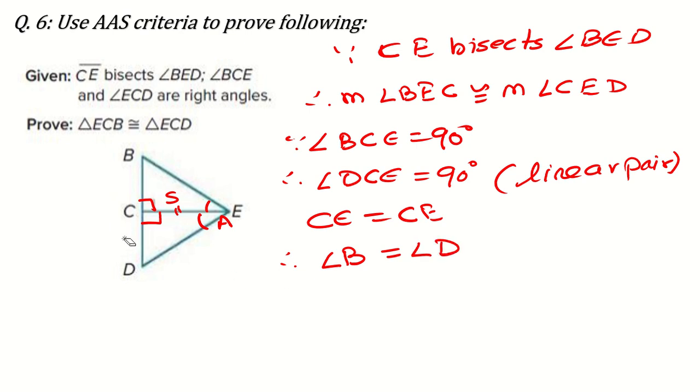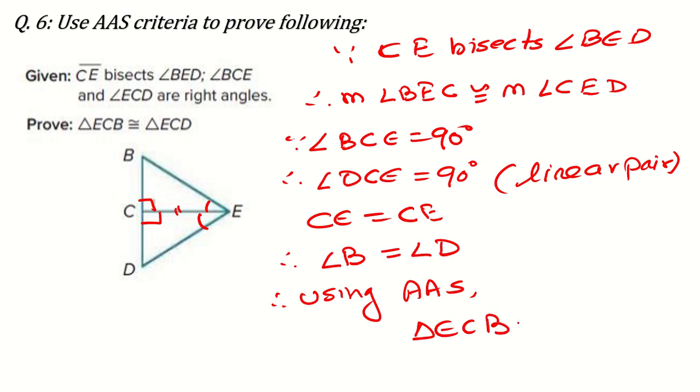Because of the angle sum property: all the internal angles sum to 180 degrees. So when two are equal, then the third will also be equal. Therefore, using AAS criteria, triangle ECB will be congruent to triangle ECD. Like this you can solve the question.